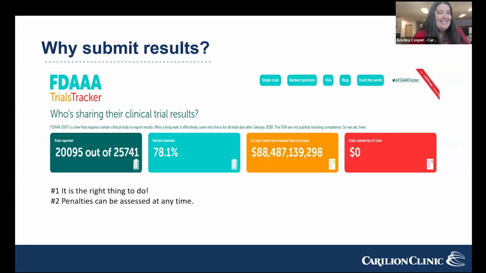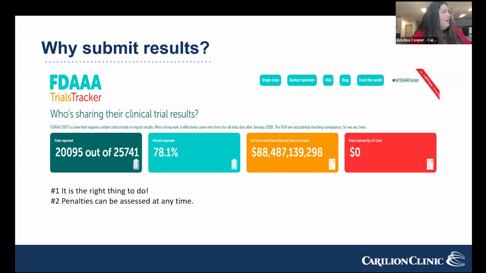Now, I'm telling you that nothing has been claimed by the US now. This is a website I took a screenshot of earlier this month. There's an FDA trials tracker website that is up, and they are running compliance. Out of the trials at that point, there were 25,741 that should have had results reported by that time frame, and only 20,095 did.